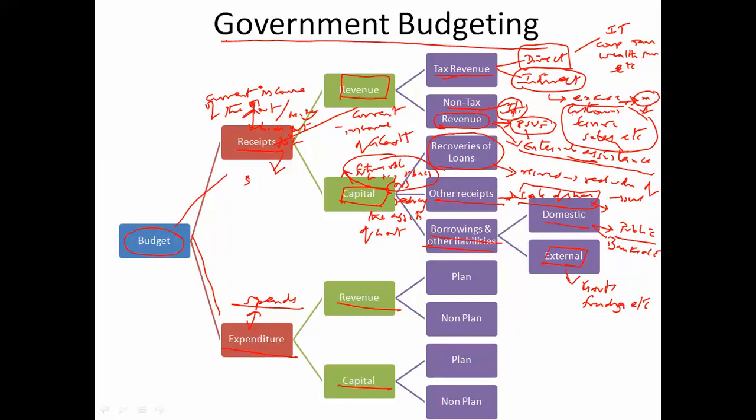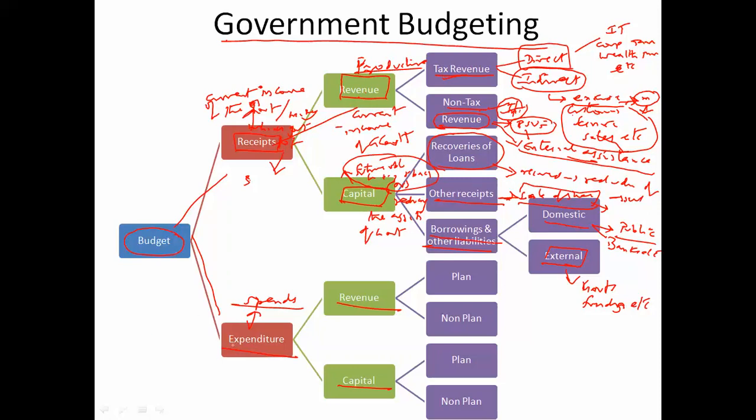So, when we see receipts, revenue receipts are the productive ones. Means government is under no obligation to pay them back. But in capital receipts, we have an obligation to pay it back.